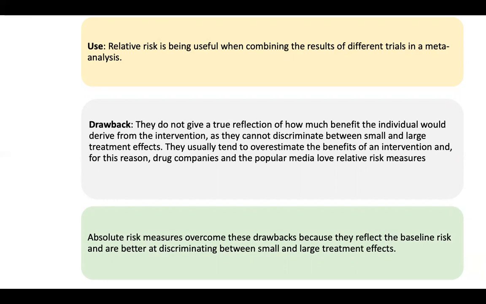They usually tend to overestimate the benefit of an intervention, and for that reason most drug companies use relative risk. This drawback can be overcome by absolute risk, which reflects the baseline risk better and discriminates between small and large treatment effects. Now going to the absolute risk.